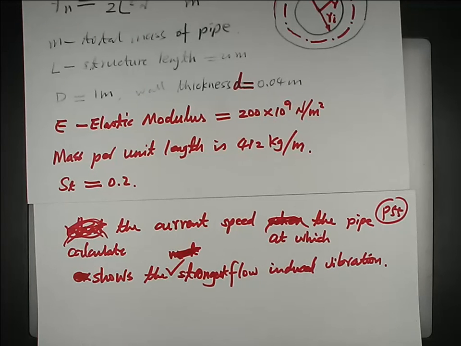It's the resonant vibration. So the question asks you to calculate the current speed. When the current speed is what value, then the resonant vibration will occur. This is the question. How? It's not difficult. When the strongest flow-induced vibration occurs, when resonant vibration occurs, the shedding frequency is the same as the natural frequency.